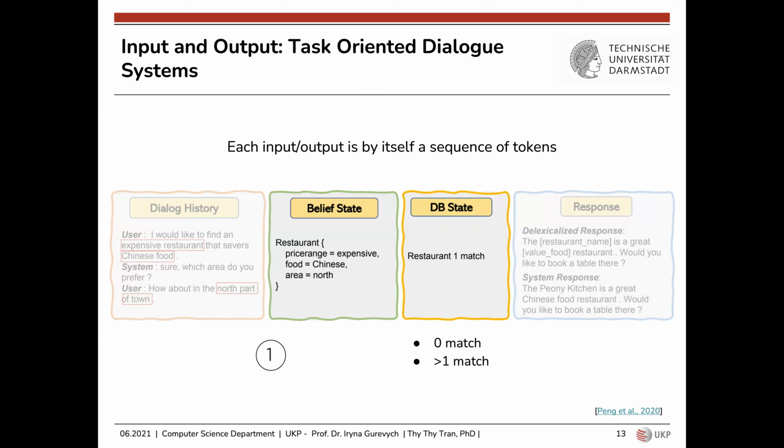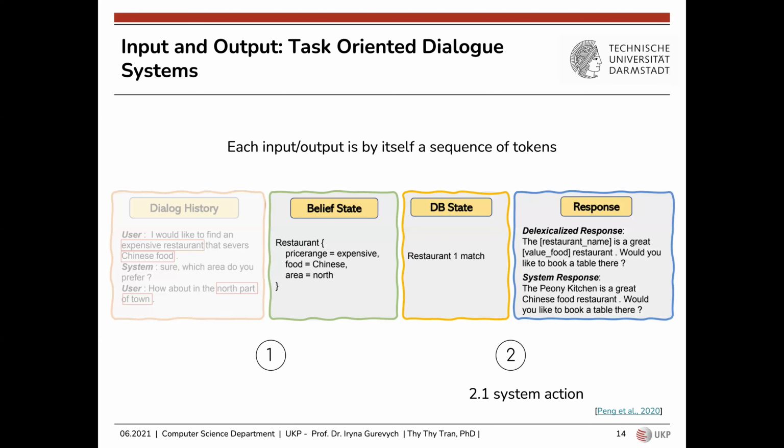Another case is when there are multiple matches found. The system can either show all these matches to the user and let the user select one of them, or the system can ask the user clarification questions so that the user can give more slot values to reduce the number of matches.